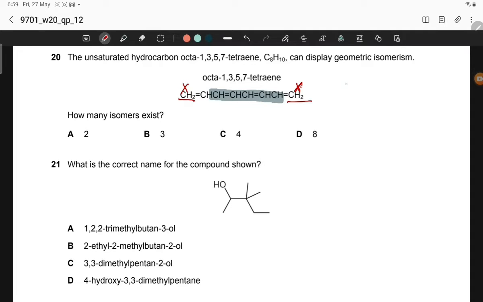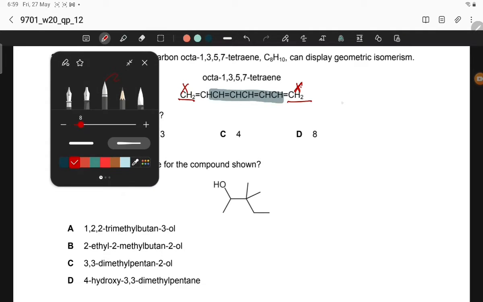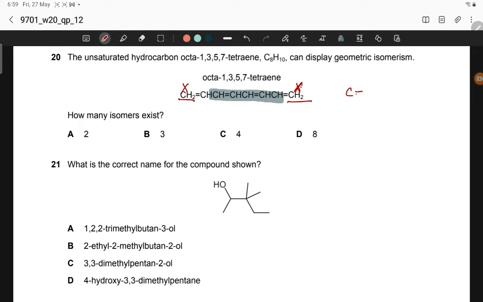If you draw this structure, C double bond C with H, this is cis.